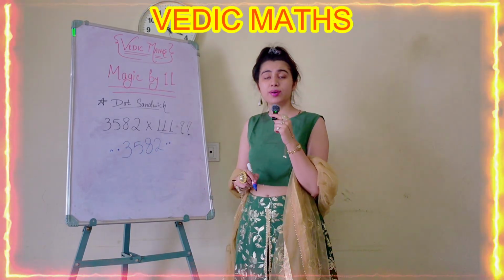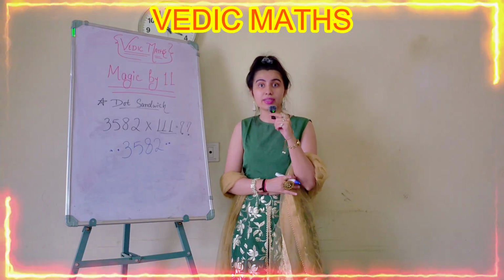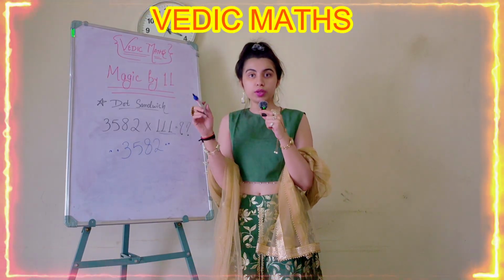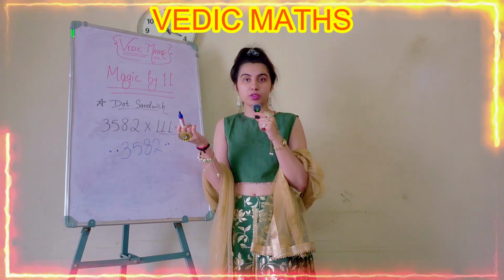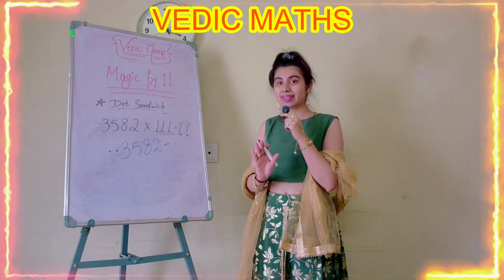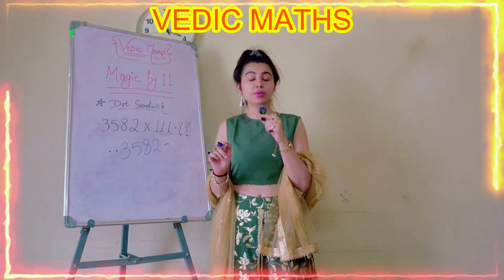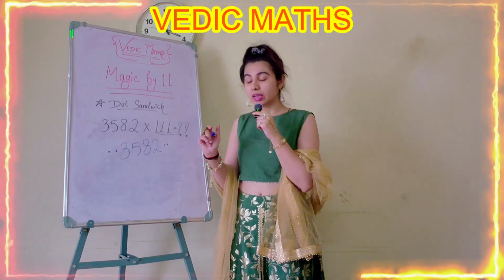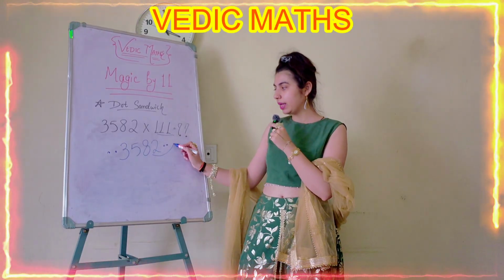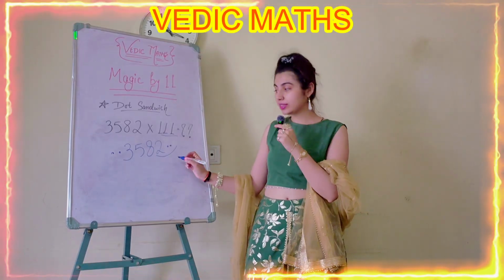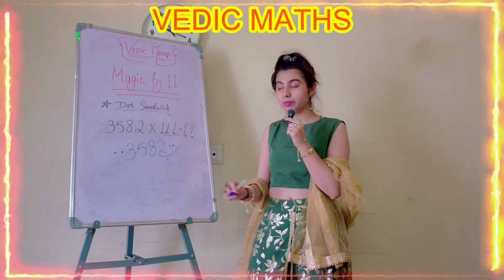So how are we going to add them? Earlier we were adding 2 numbers at a time. Here we will add 3 numbers at a time. So here 2 plus the 2 dots, dot is 0, so the answer will be 2.